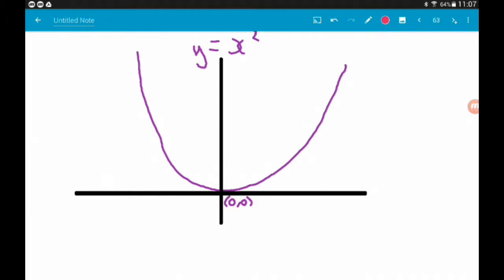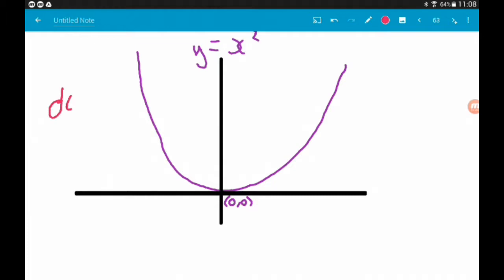We've got y equals x squared. Now we can see here on the left of the stationary point at 0, 0, the graph is going down from left to right. So we can easily see our gradient is negative over here.